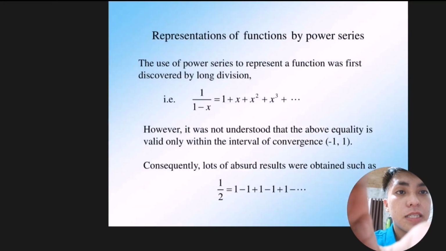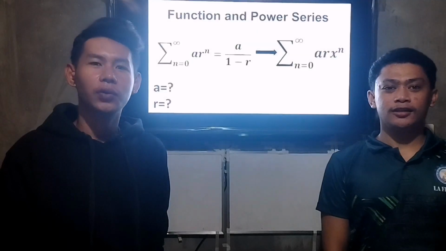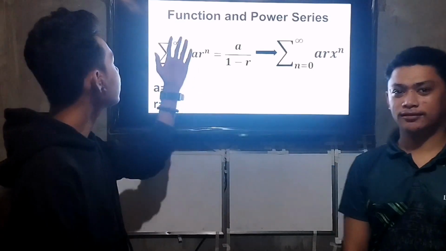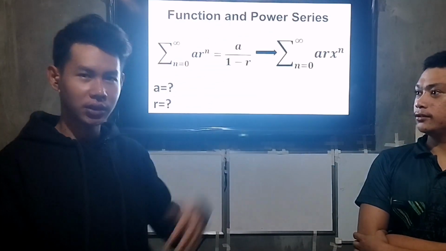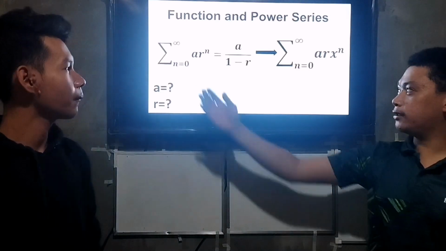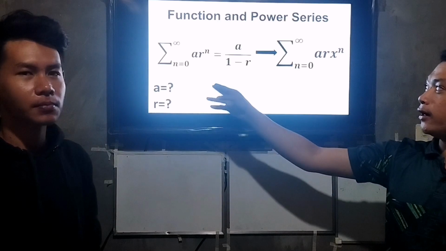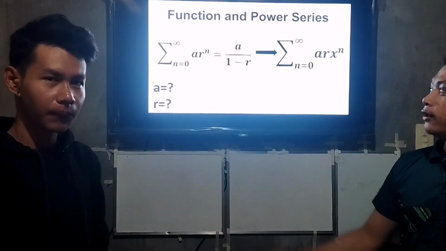Representation of functions by power series. Good day everyone! In this video, we're going to talk about functions and power series, or the formation of a function into a power series. The summation of a r to the power of n, from n equals 0, equals a over 1 minus r.